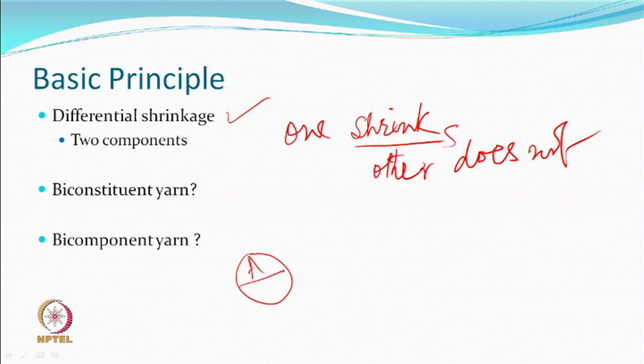extruded together, then because of their differential properties, they may respond differently to a thermal or hydrothermal or any other input that you have. A biconstituent yarn, on the other hand, has two components which are individual.